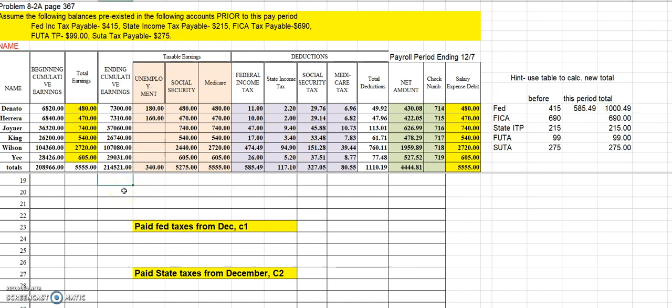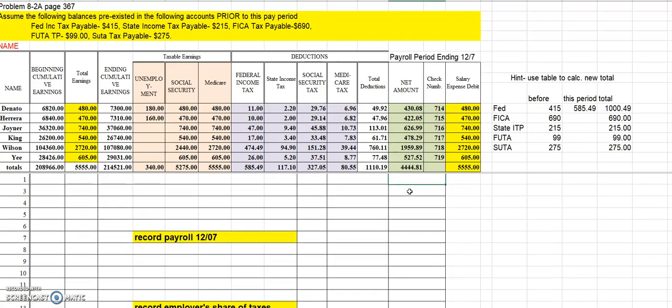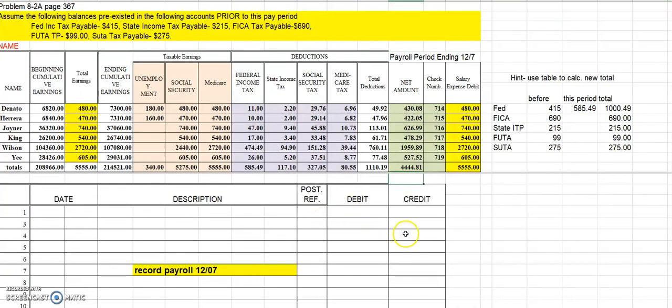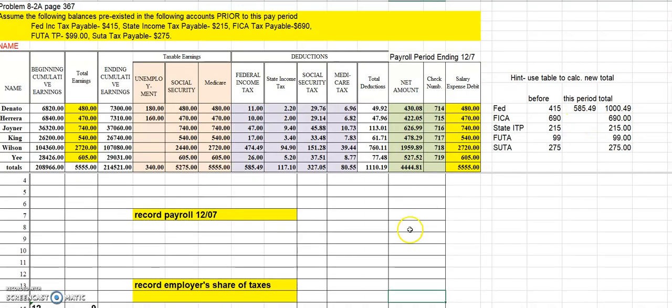You also pay FICA taxes in this, and this is where students were really struggling. FICA taxes happened in previous balance of $690 total. But then remember, we collect a FICA tax in two places. We have a FICA tax here in our first entry, which we would have to add to that. But we also have a second one in the payroll tax entry here that we would have to add there as well.